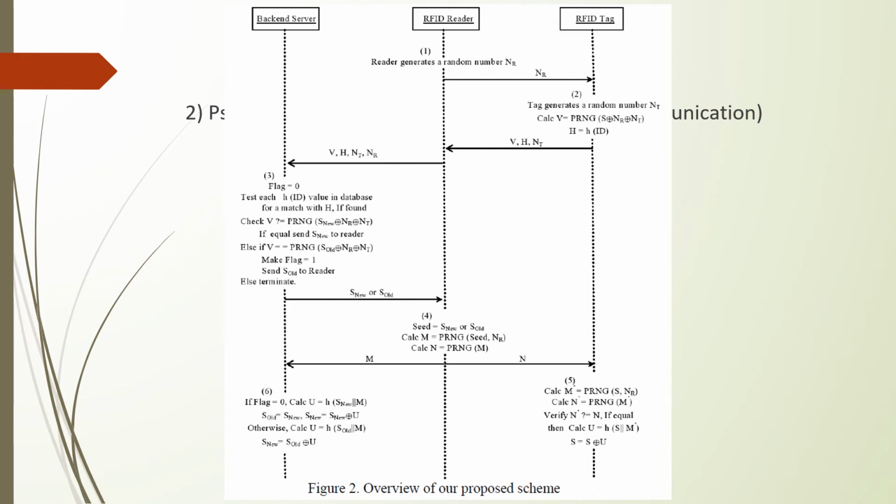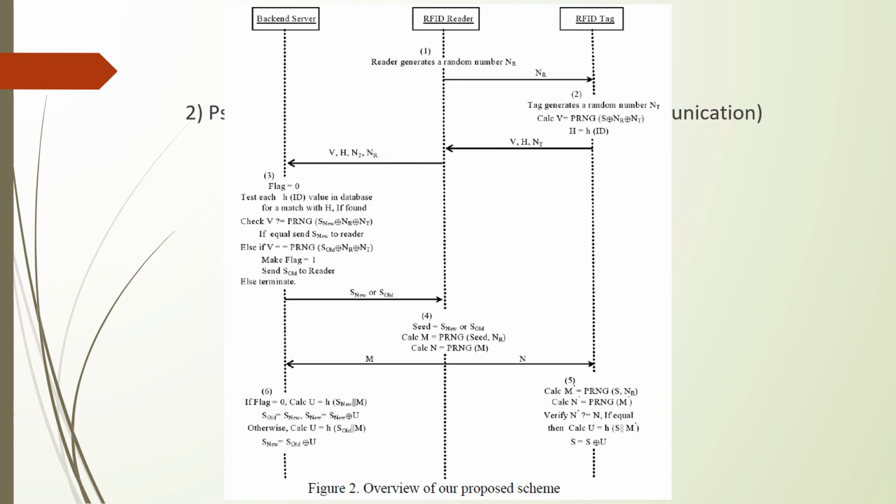Now I'll talk about the notations that are used in the diagram. SID means secret ID, a synonym of the tag. S new and S old are the current and previous session secrets of the tag stored in the backend server. H is a one-way hash function.